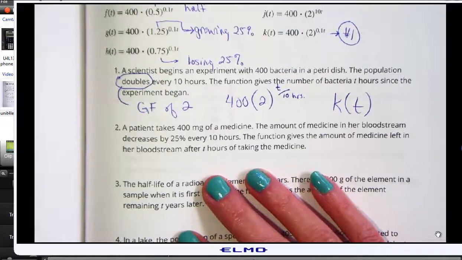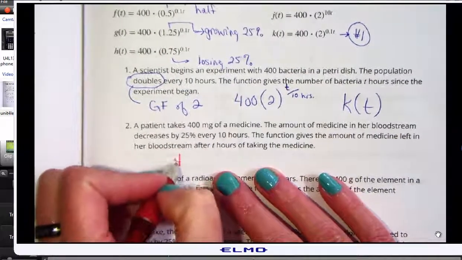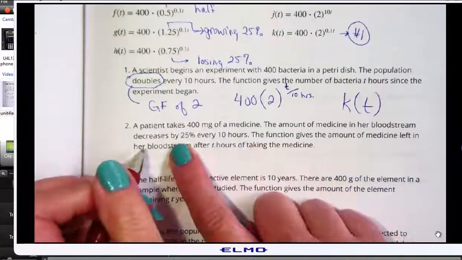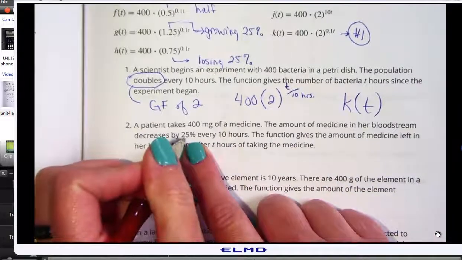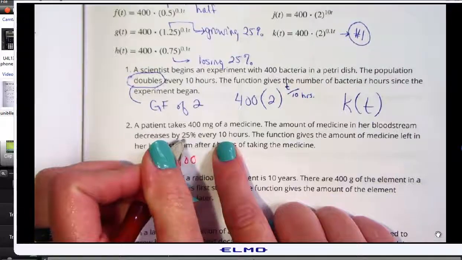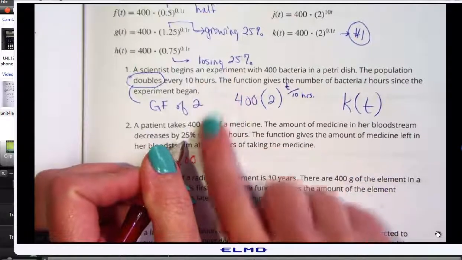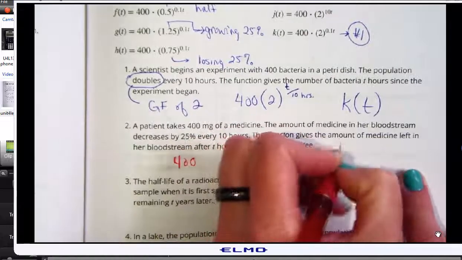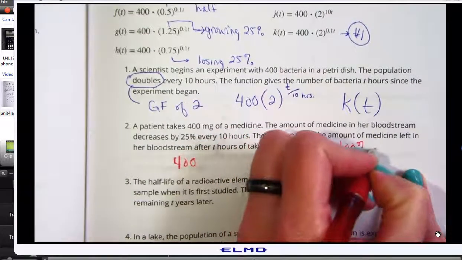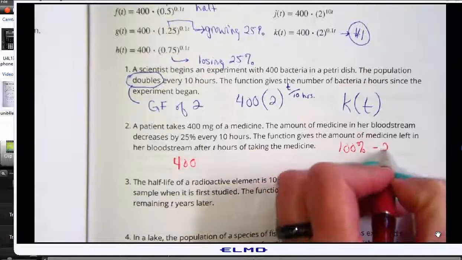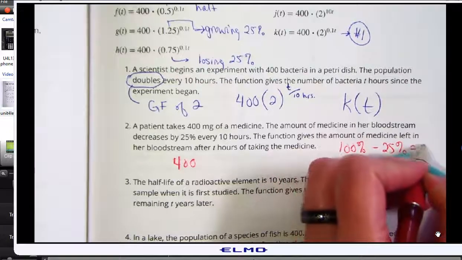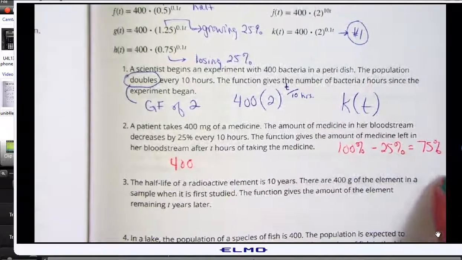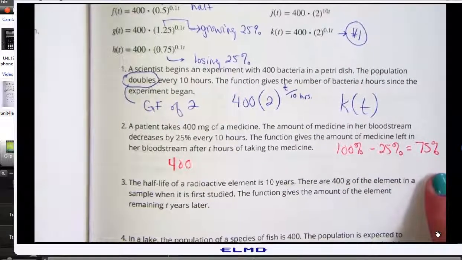A patient takes 400 milligrams. There's our starting value. The amount of medicine in her bloodstream decreases by 25% every 10 hours. Maybe you're already seeing that that's going to connect up here. If it decreases by 25%, that means we have our starting value of 100%. It decreases by 25%, so we're subtracting. That means it keeps 75% of its value every 10 hours.